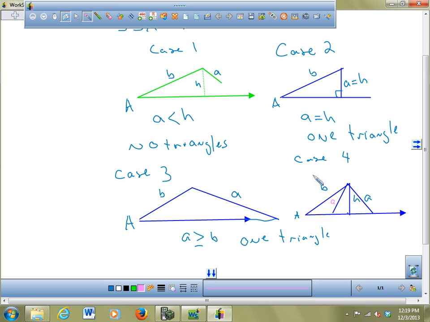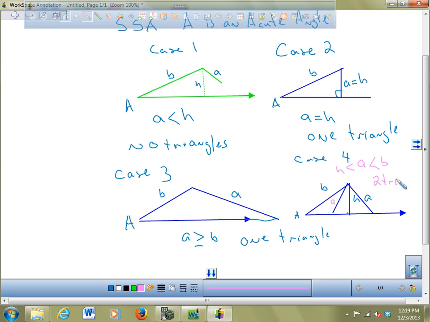So in this case, where A is less than B, but bigger than H, then I have two triangles. Two tries. And so in that case, I'd have one triangle over here. There's my one triangle. See that one triangle?